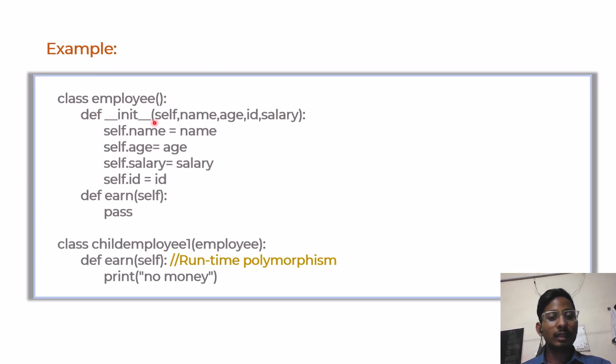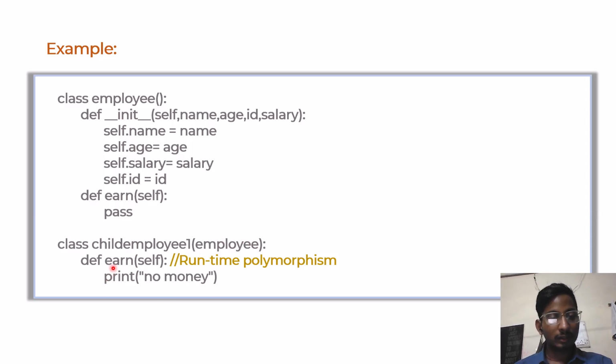There is a class Employee and there is a function __init__ with self, name, age, and another function def earn. We also create another class, child employee, where we pass the Employee class in the parameter.